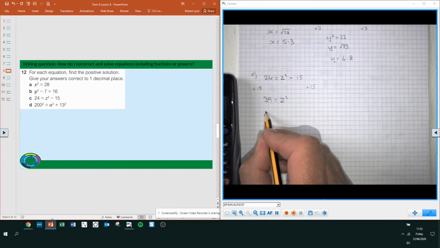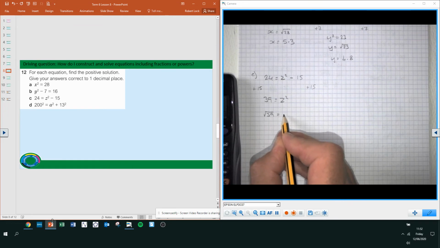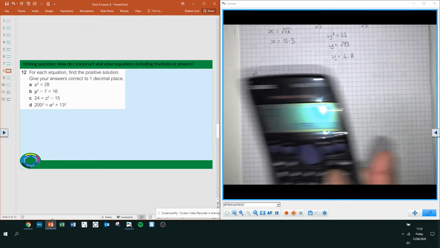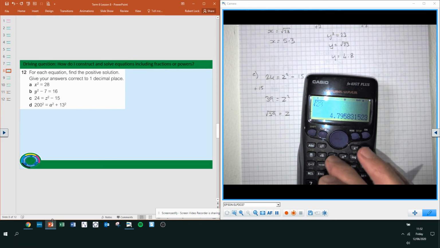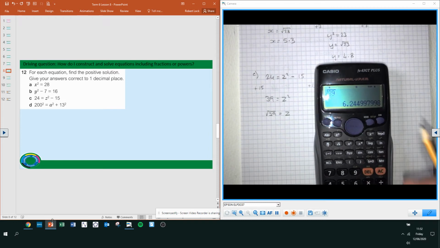So I need to square root 39 to get z on its own. So clear, square root 39 equals sign. Press the SD key, and the answer comes as 6.24.